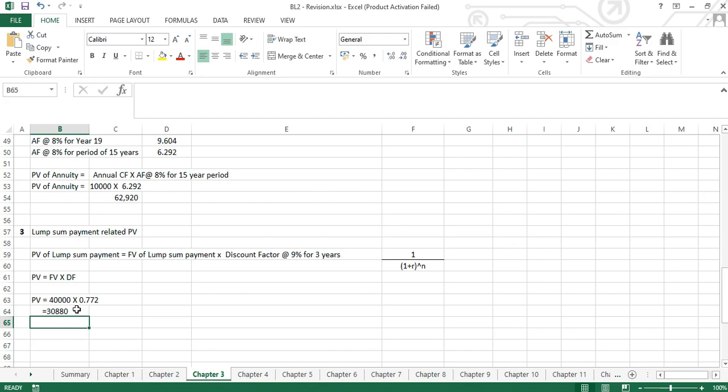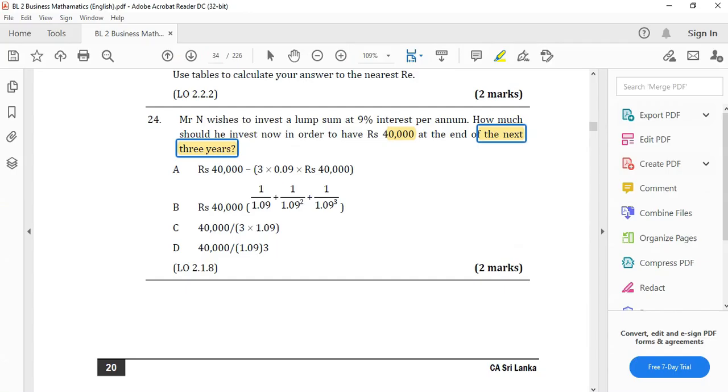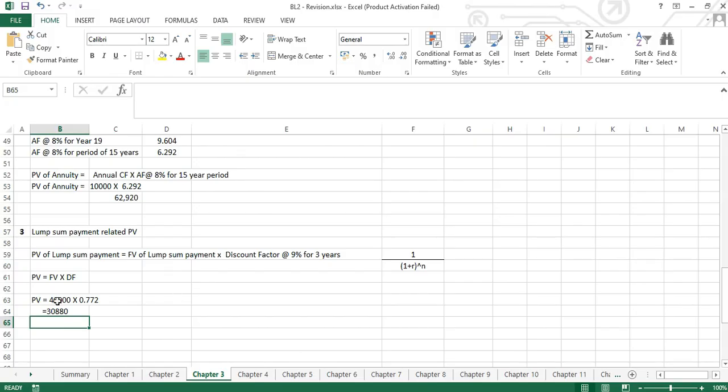Okay. But what exactly they have given in the answers is the formula to get this final answer of 30,880. Fine. We know we multiplied it by the discount factor. So how did we get this 0.772? It is basically by applying this formula, which is 1 divided by 1 plus 9% to the power how many years? 3 years.